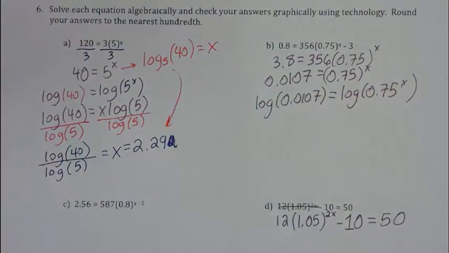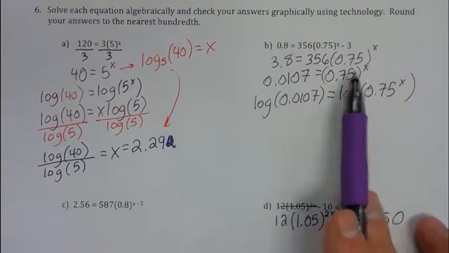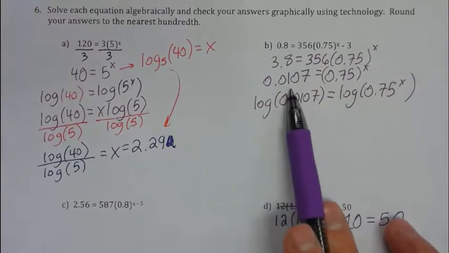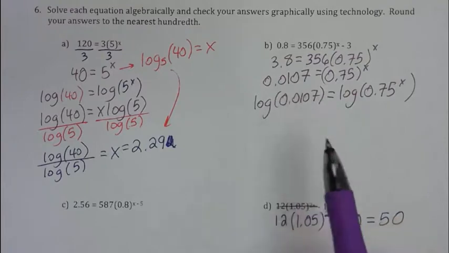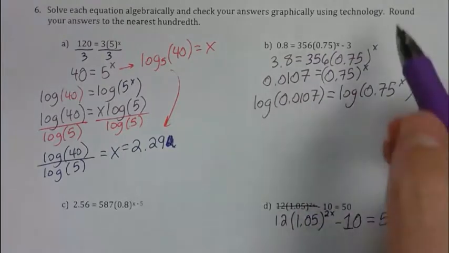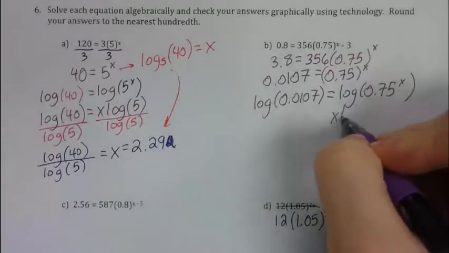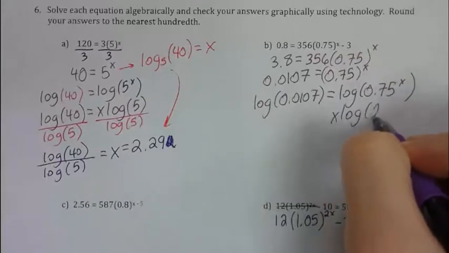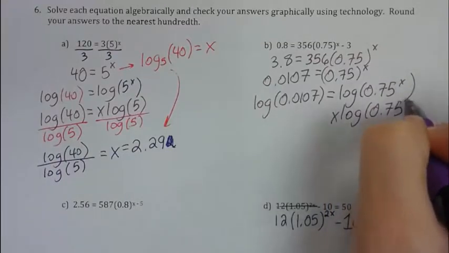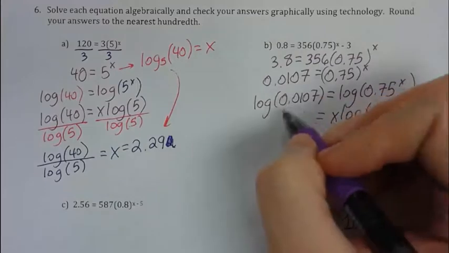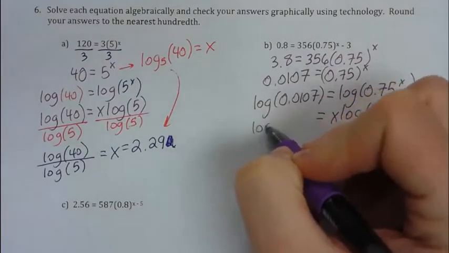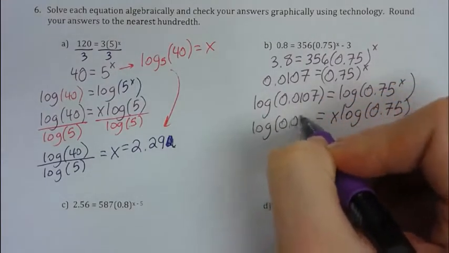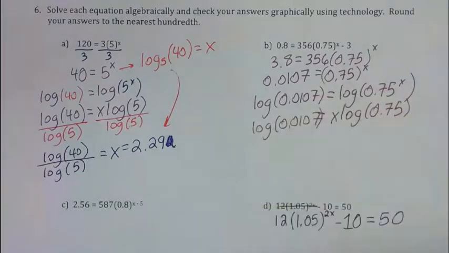So I kind of get just down to b to the x equals number there as far as steps go. And then you can move the x to the front. So I now have x times the logarithm of 0.75 equal to the log of 0.0107.